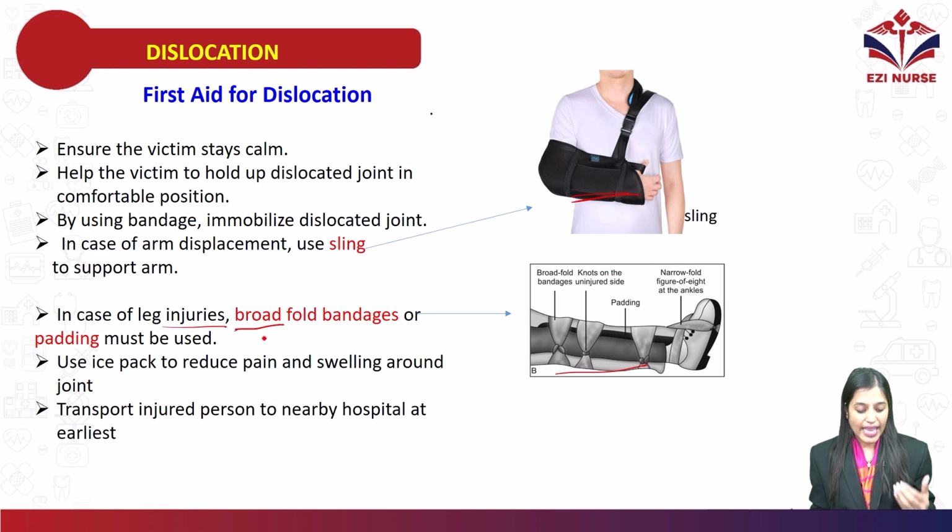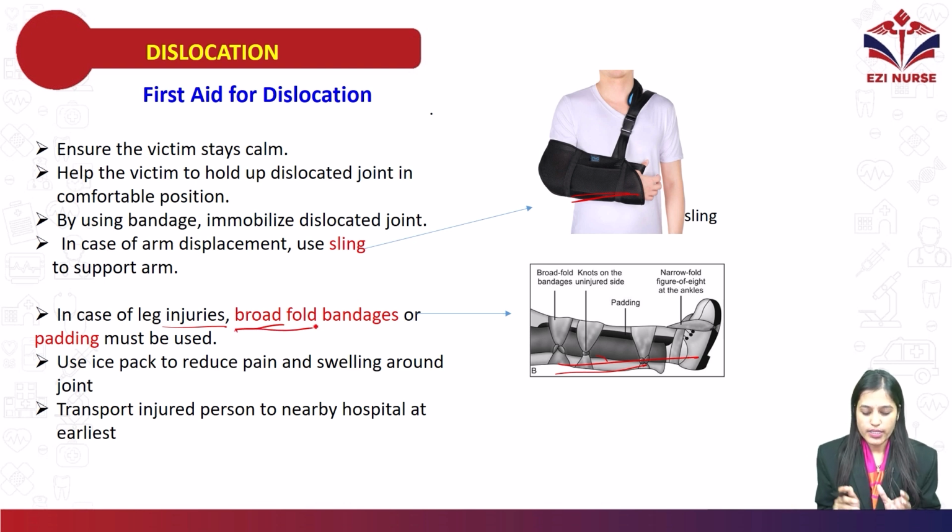In case of leg injuries, you can use a broad fold bandage. What does broad fold bandage mean? You can see in the picture. You have to keep both legs together, and in the middle you have to keep some cloth, which we call padding. Here they are using padding in the middle part.